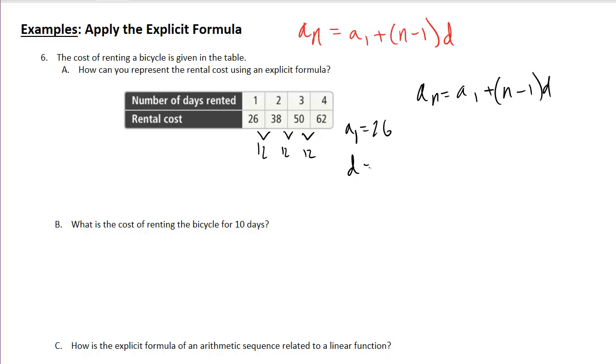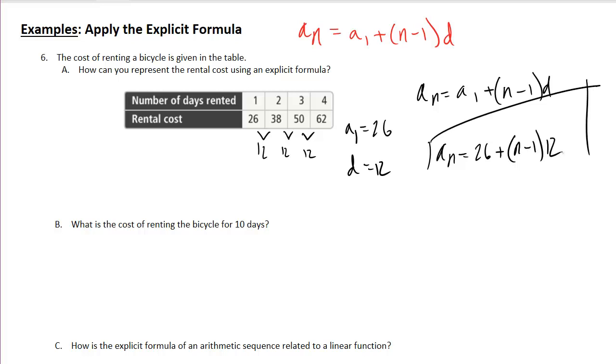And I know that my difference or common difference is equal to 12. Okay? So if I want to find the formula to represent this, all I need to do right now is a sub n is equal to my first term plus n minus 1 times d. So that is the explicit formula that models this.